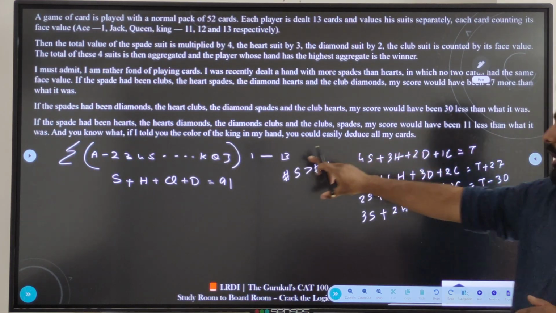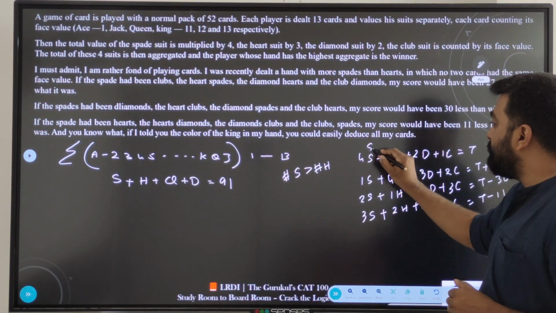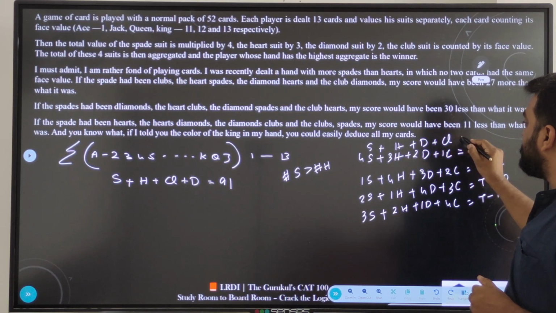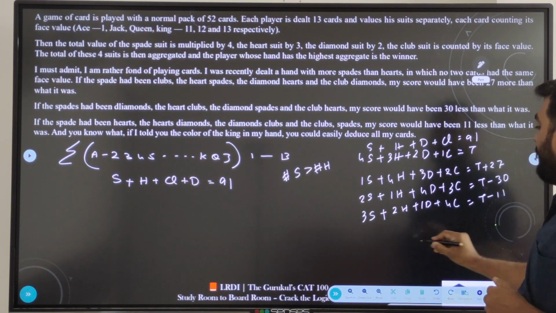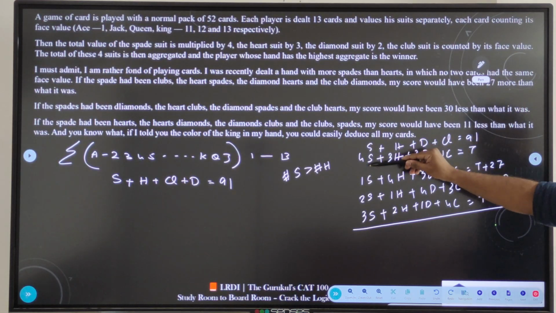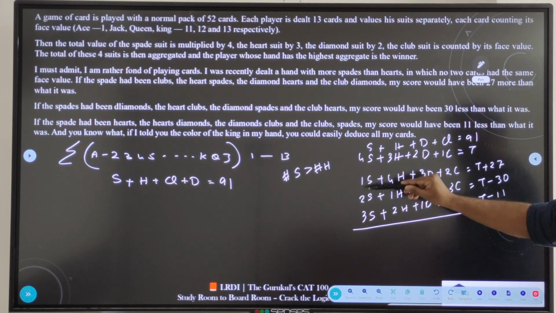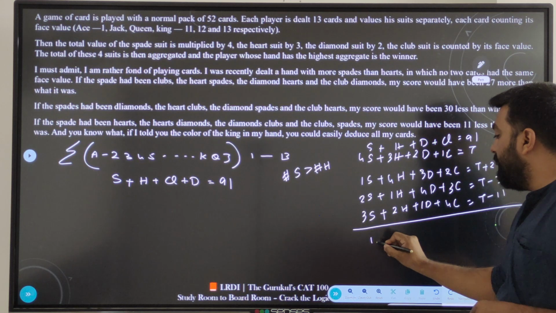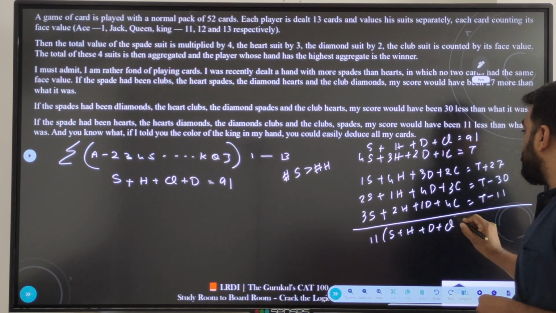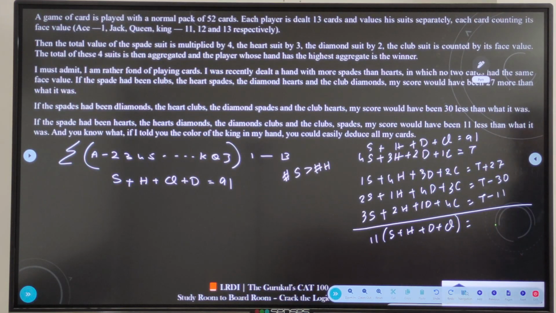Along with this, I have something which is spades plus hearts plus diamonds plus clubs is equal to 91. Now add everything and tell me what we are getting. So 4, 5, 6, 7, 8, 9, 10, 11. So 11 of spades plus hearts plus diamonds plus clubs is equal to 4t, and additions and subtractions.